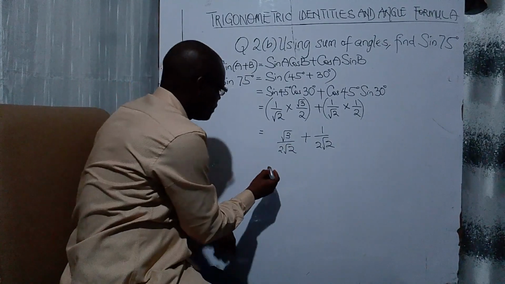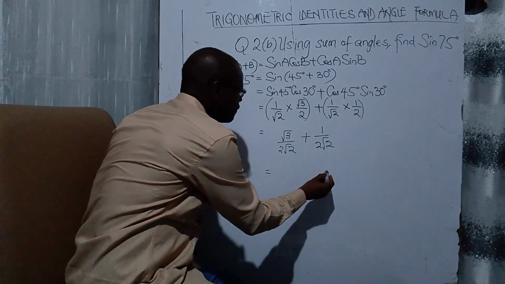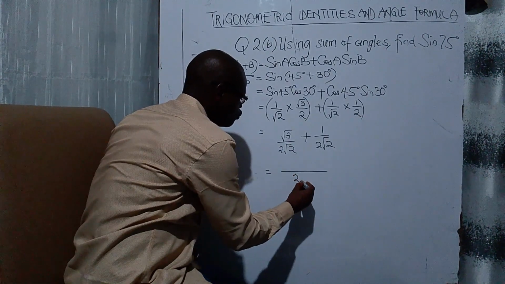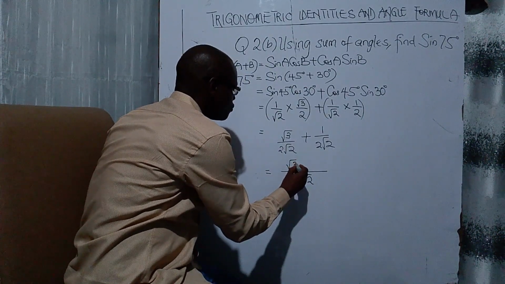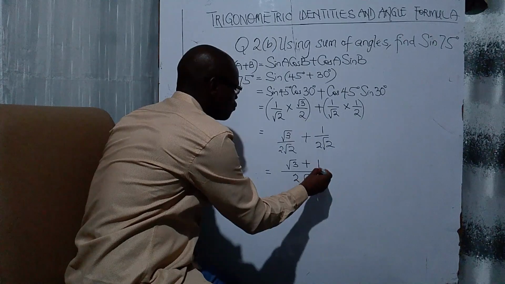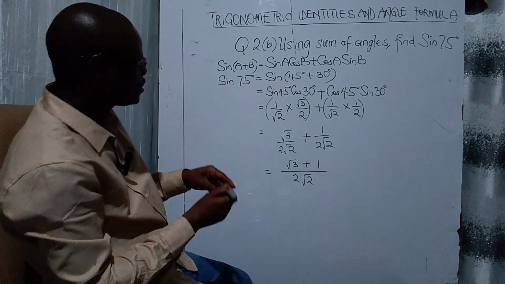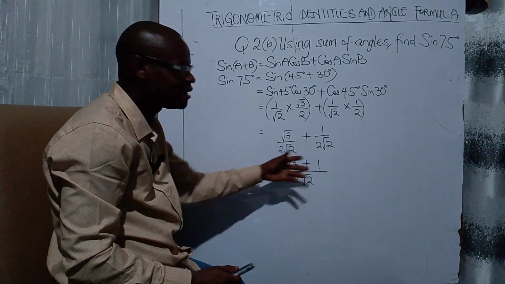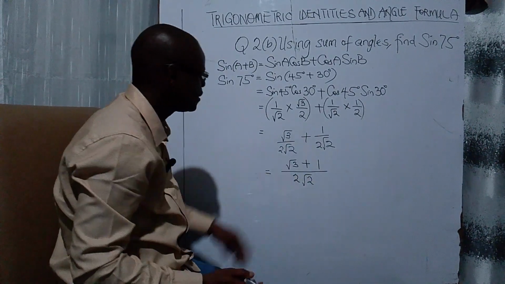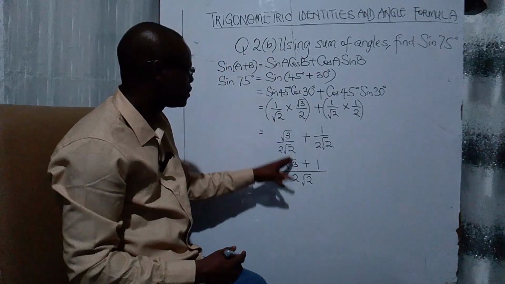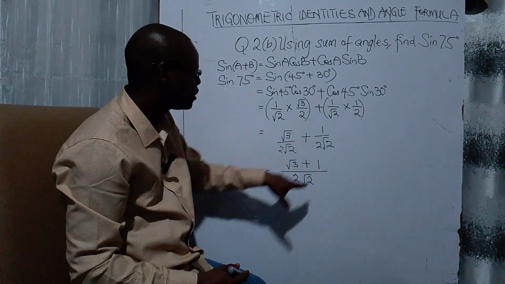So here we can have our denominator to be 2 root 2, so that we now have root 3 plus 1. So this is just a simple way of taking LCM of 2 root 2. So you simplify in a very simple way. So we have root 3 here plus we have 1 here.